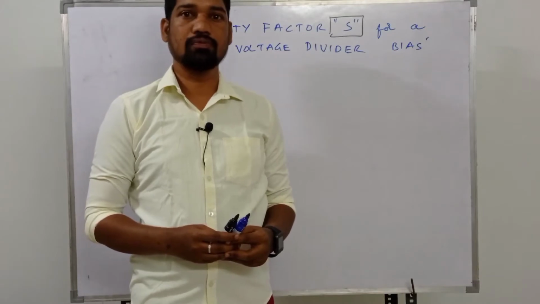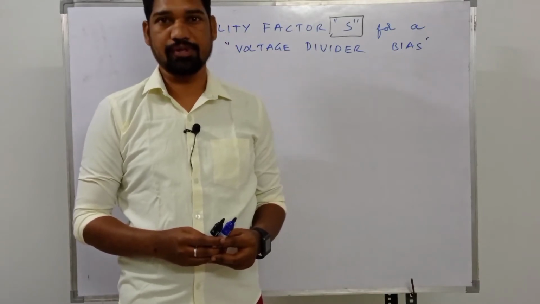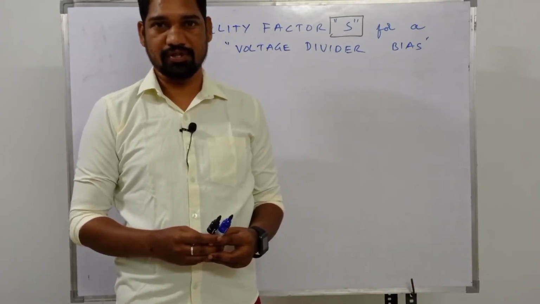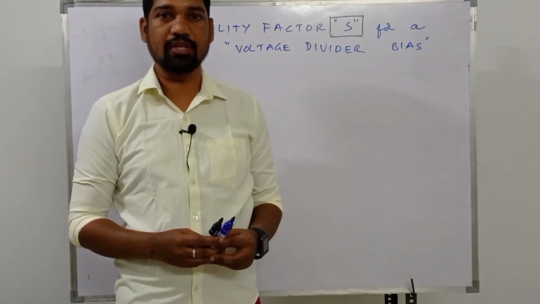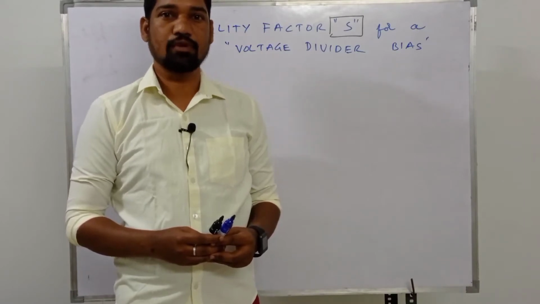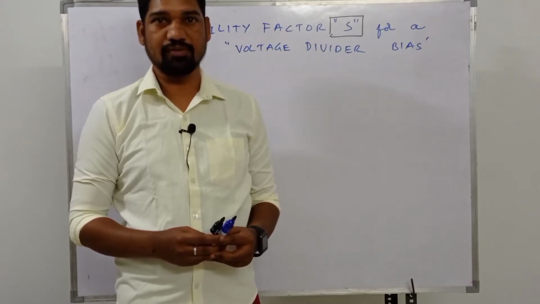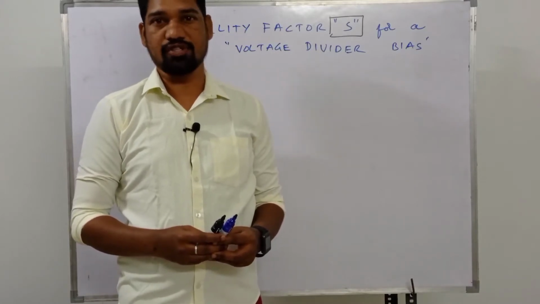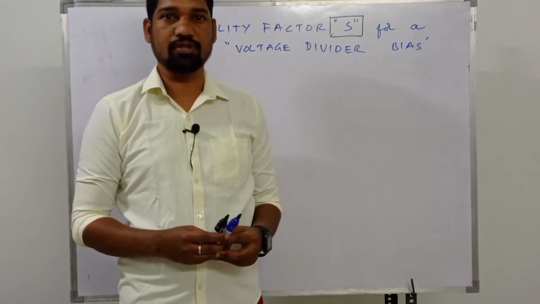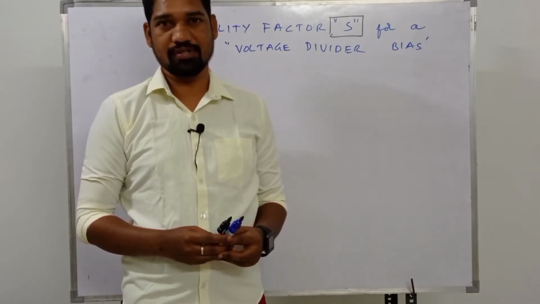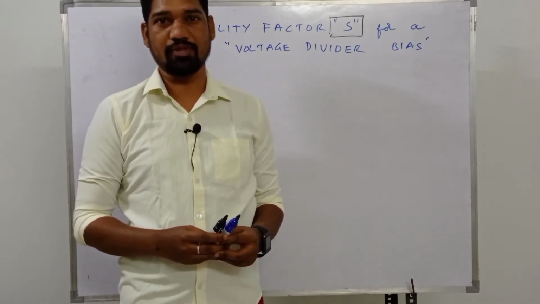This is all to focus on the operating point, so that measures have to be taken that there should not be any change in IC due to change in the reverse saturation current ICO, or a change in VBE, or change in beta. So the question is, when do we come across the problem with the beta?